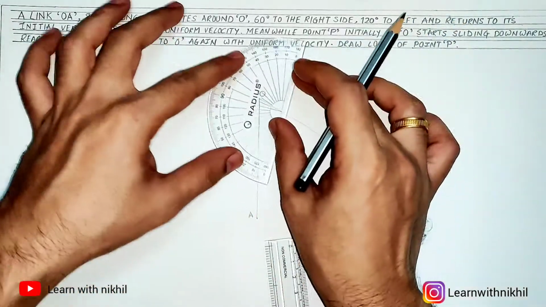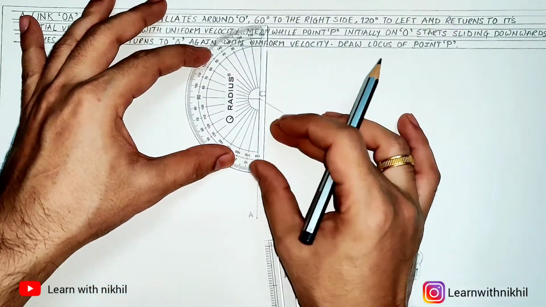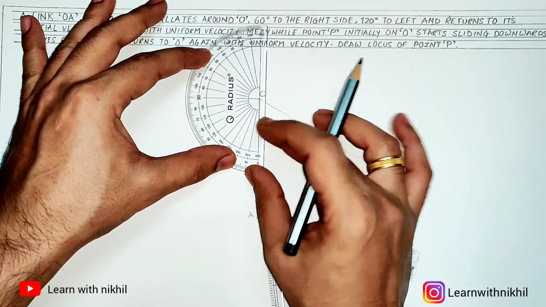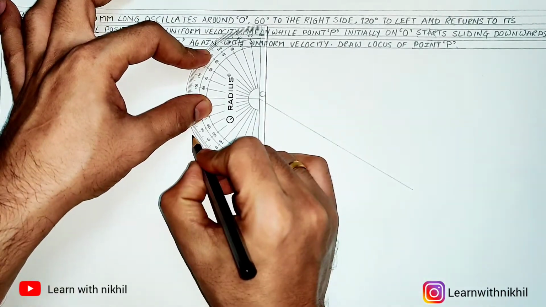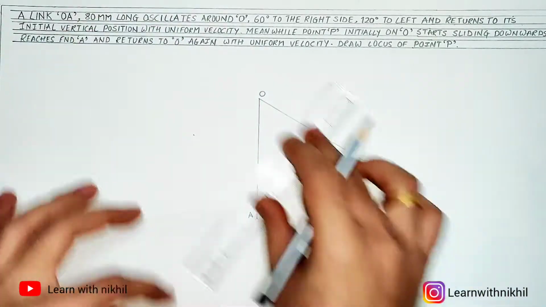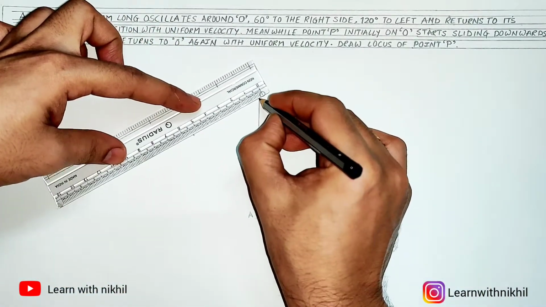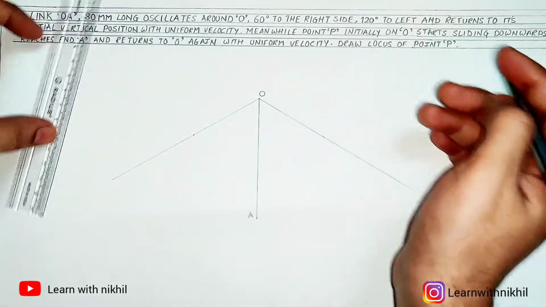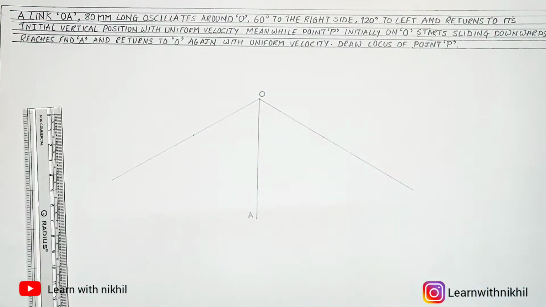And 120 degrees to the right will again be 60 degrees to the left. So this side also 60 degree. So this total angle is 120 degree.